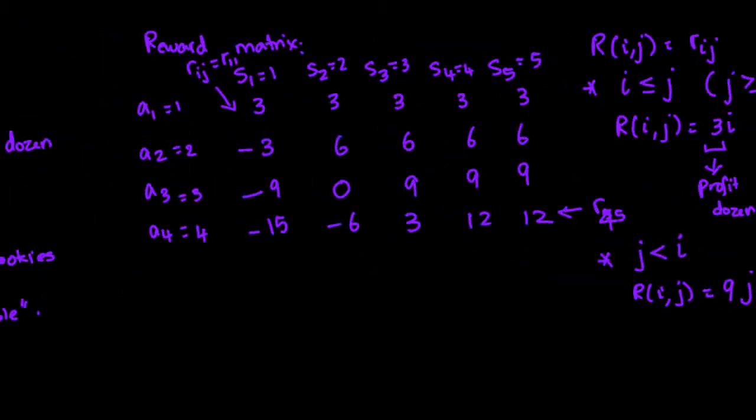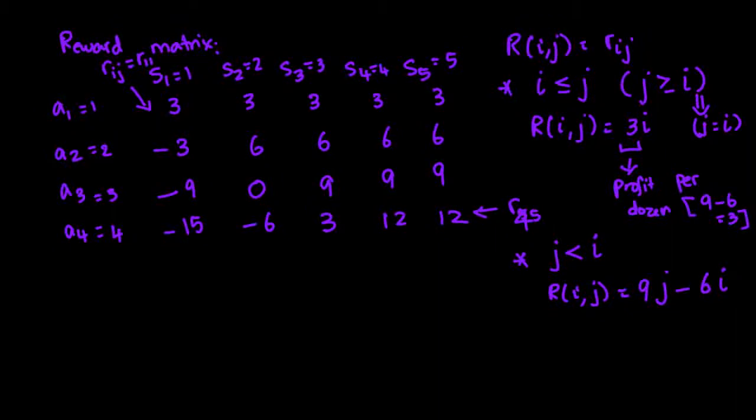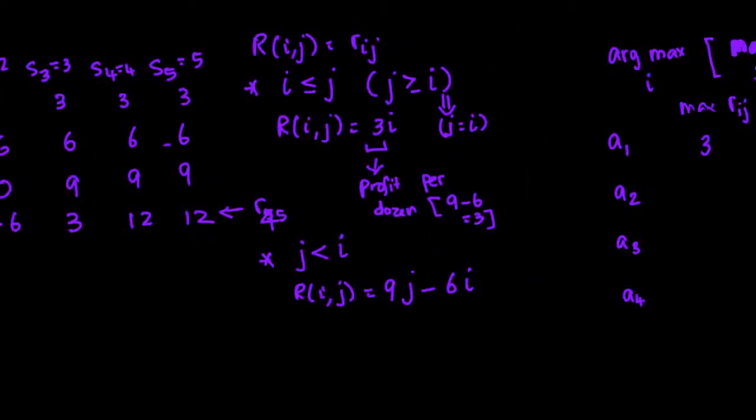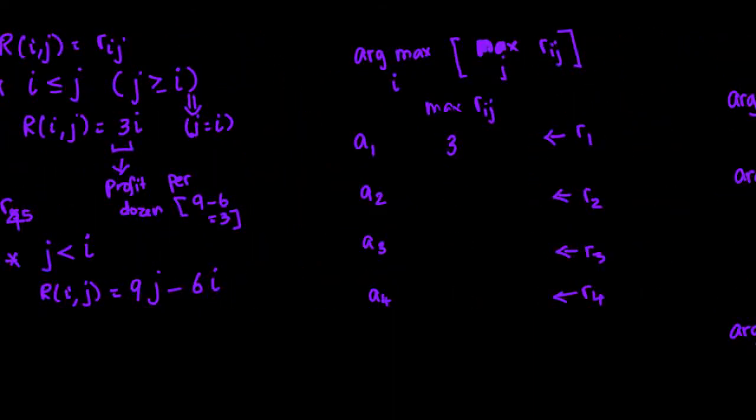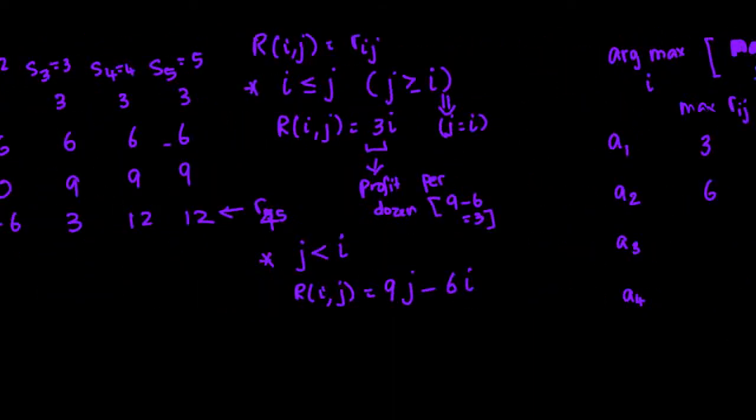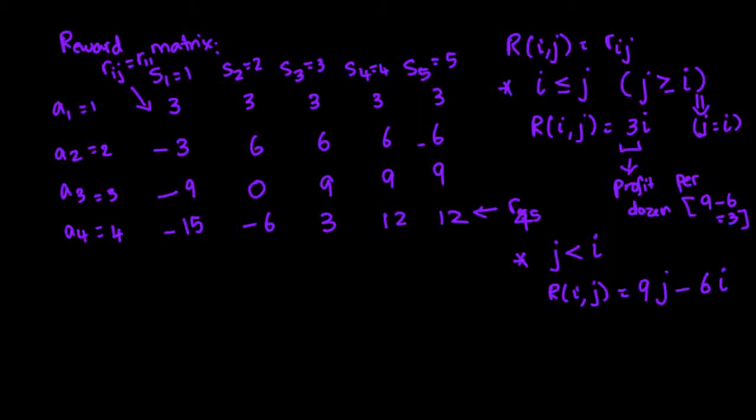Then I go to the second action and I go across all states and pick the maximum. The maximum of 6 and negative 3 is positive 6. In a similar manner, you could find that the maximum of the third row is a 9 and the maximum of the fourth row is a 12.